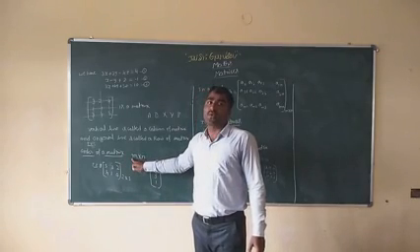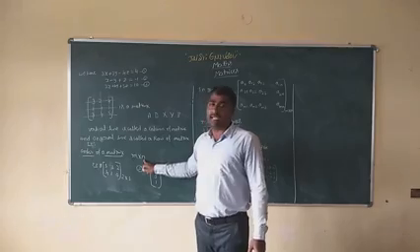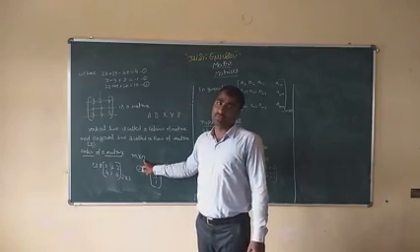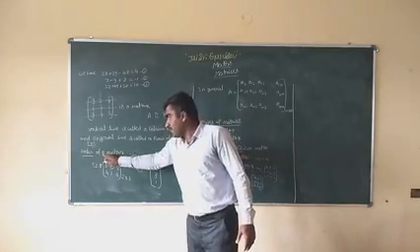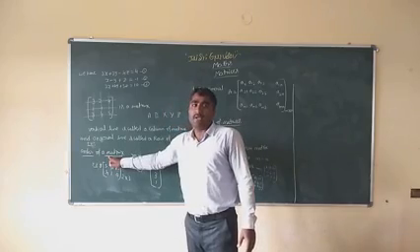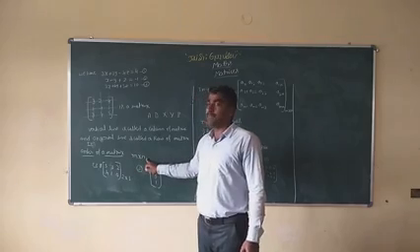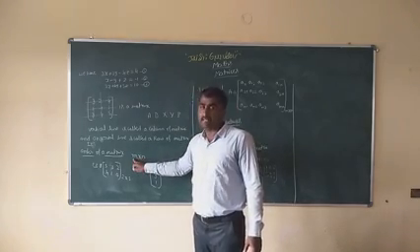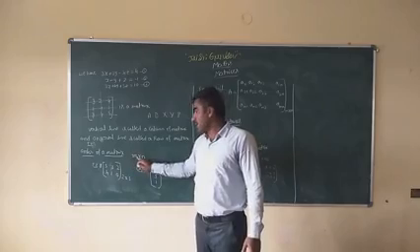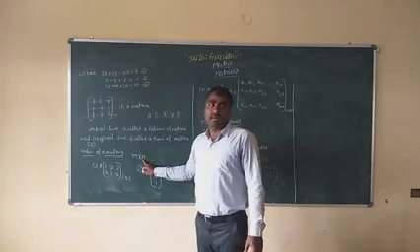Here m indicates the number of rows and n indicates the number of columns.